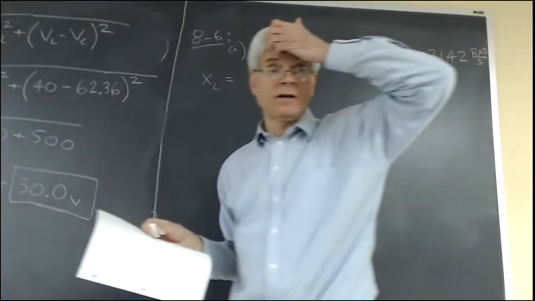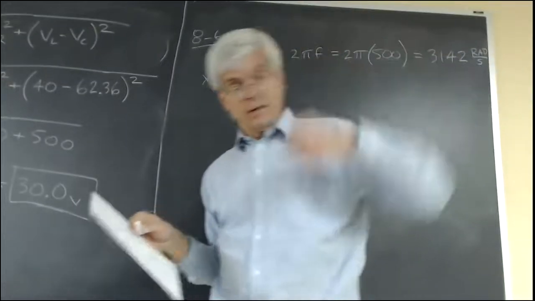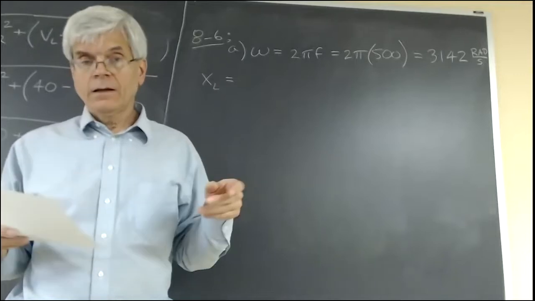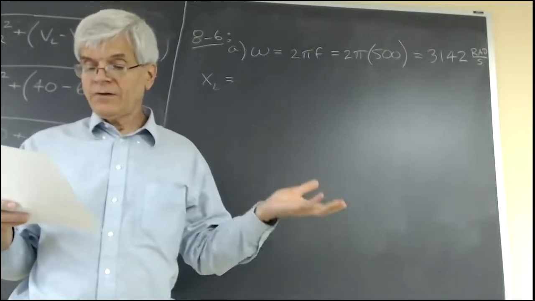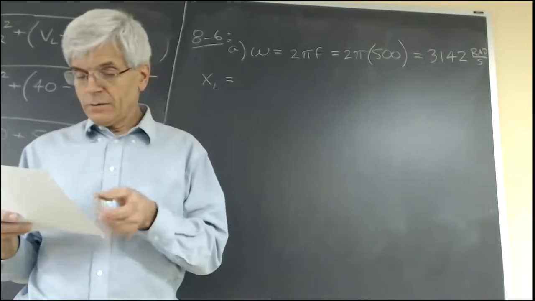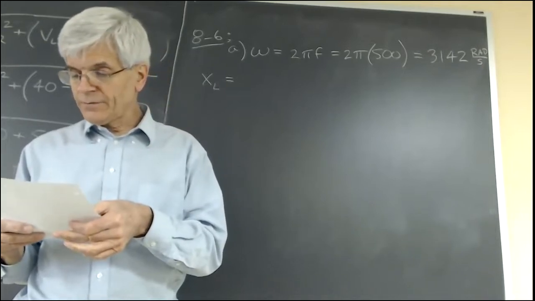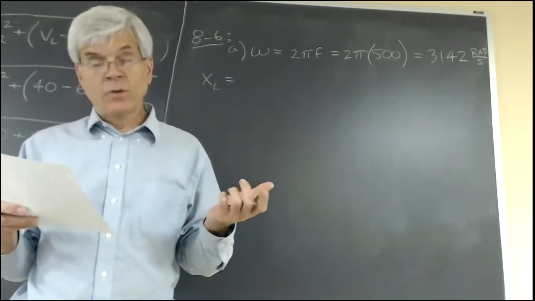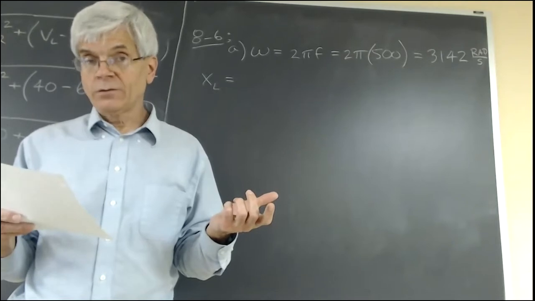Maybe I should tell you where I'm going with this. To get the current, it's going to be amps equals volts divided by ohms. Well, the question told us how many volts. It's written on the diagram there. Most of the work is figuring out how many ohms.